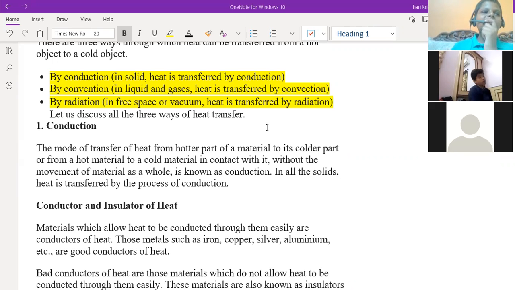In this way, the other substance gets heated. Sir, in radiation, like in a vacuum, heat reaches.